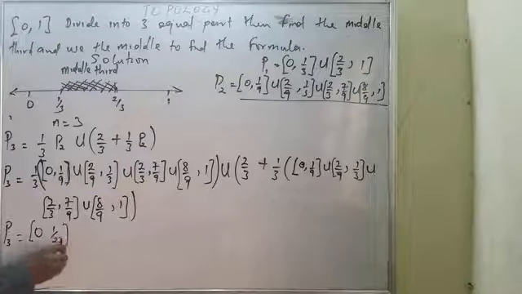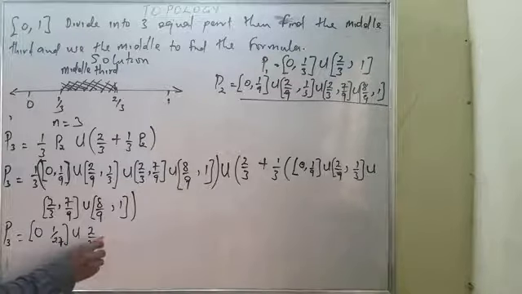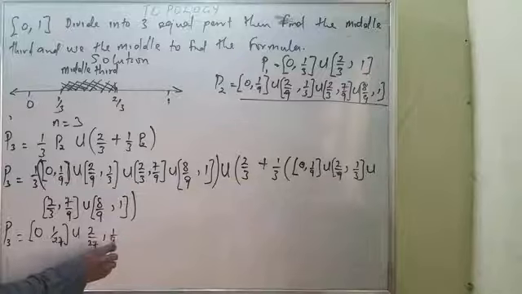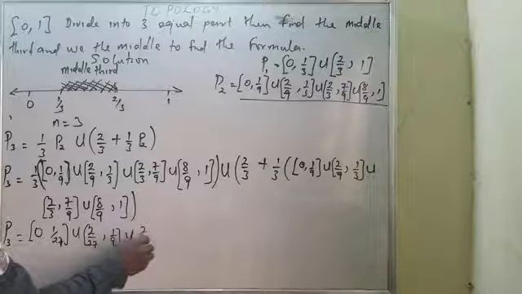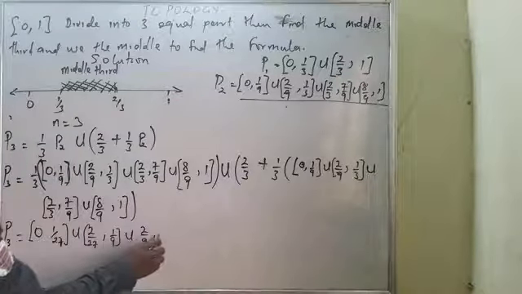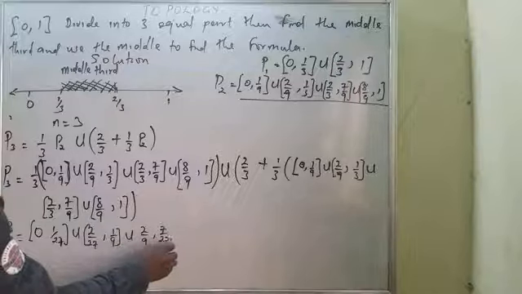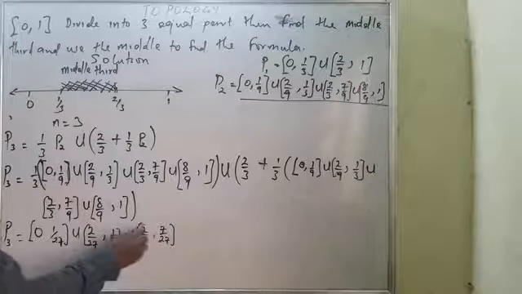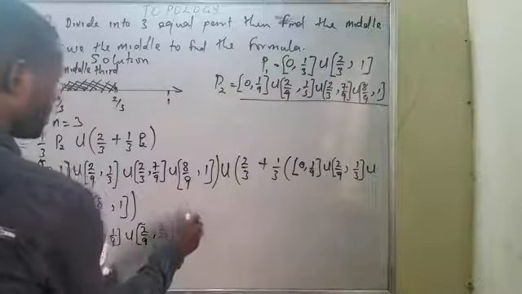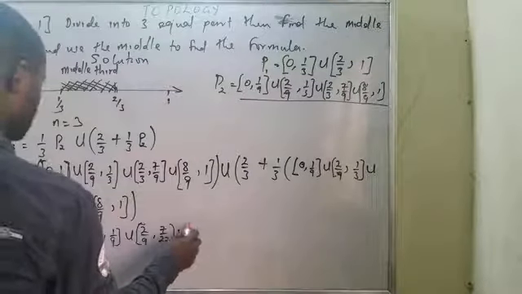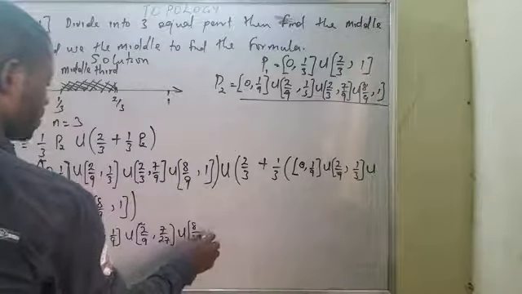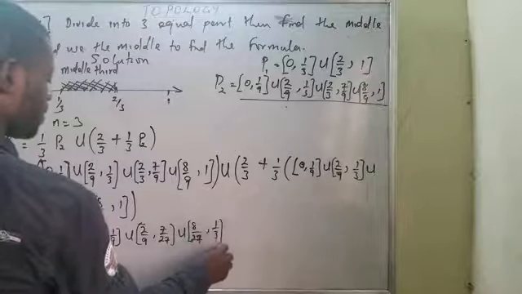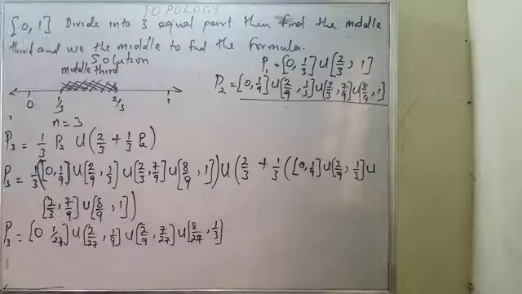And union, it will be 2 over 27, 1 over 9, union 2 over 9, 7 is a close bracket, union 8 over 27, 1 over 3. Now that is settled.